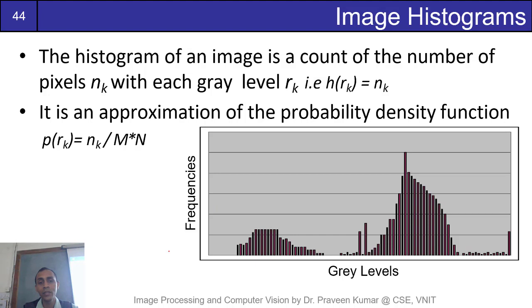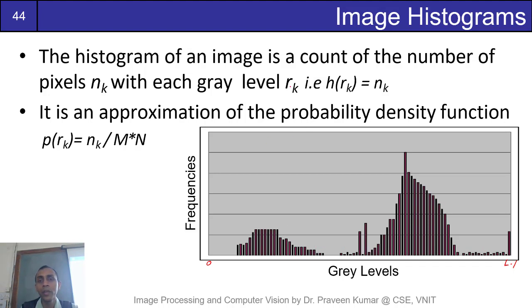So here let us say the intensity goes from 0 to L minus 1, and for all intensity values I'm plotting the number of pixels at each intensity level, and this is the histogram of that image.